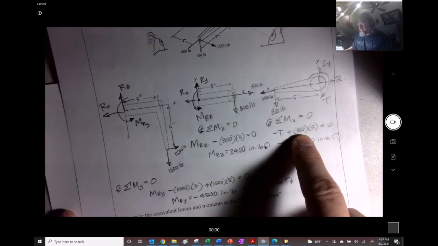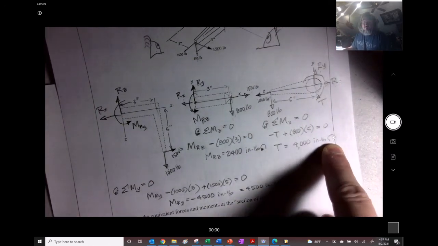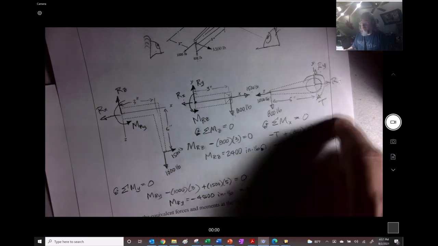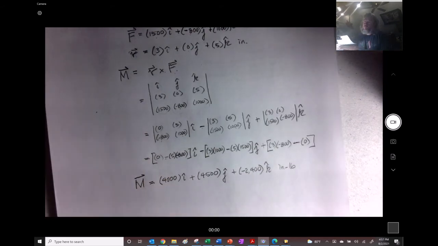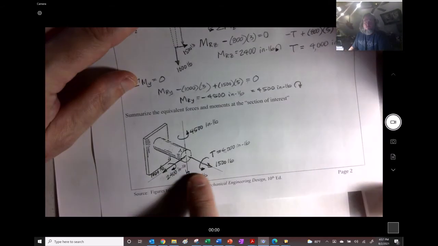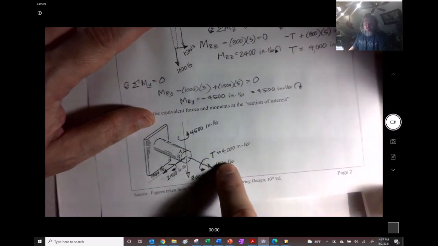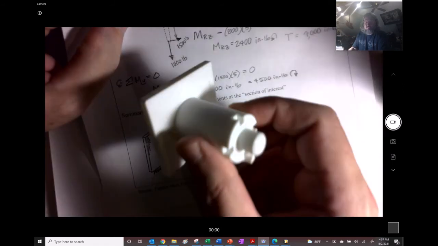X was, this was X, right? The torque was 4,000, and we saw that it was clockwise, which would normally be minus, right? But here we got positive. What does that mean? Well, this is showing it's counterclockwise. This is equal to the moment that's about the stump.